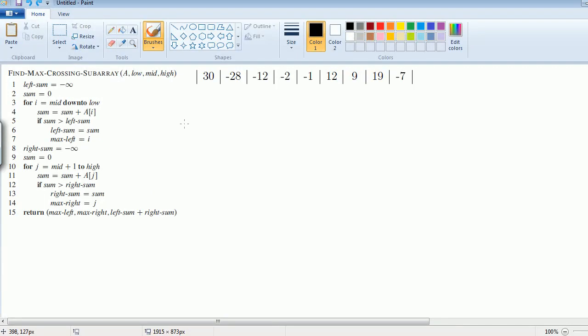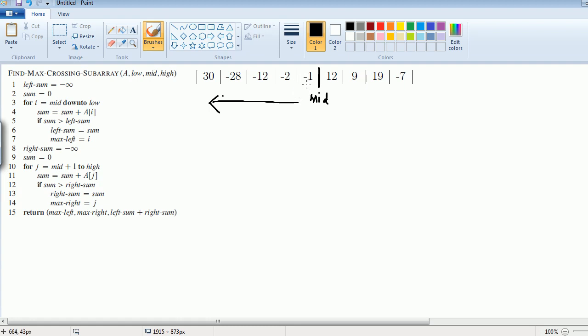To the left, I have the algorithm for the maximum sum subarray such that it crosses the mid, and in this example, let's assume that mid is here. So we want to iterate from mid down to low, in this direction.